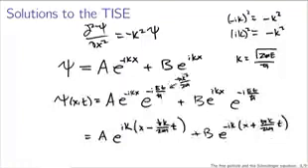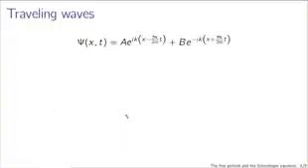So these are our general solutions to the full Schrodinger equation. Our full wave function is a function of both position and time. And these solutions are traveling waves. You can think about this as a traveling wave in the context of looking at this as a complex number. If I look at e to the i k x, for instance, as a function of x, you know what that does in the complex plane.